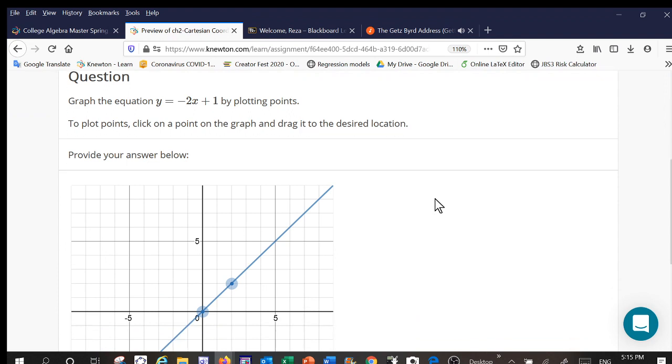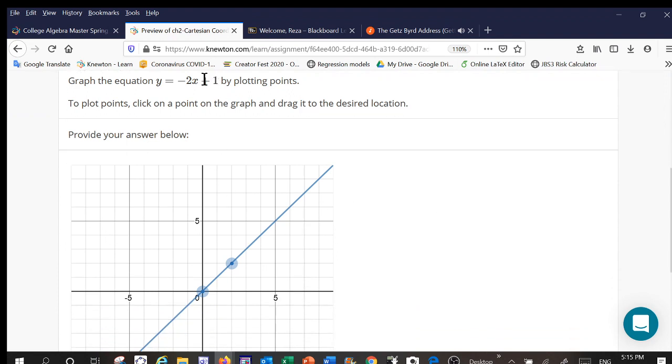Alright, to graph this again, let's do it again. So we have to go to 1 on the y-axis. Click on that so you can get the coordinates, 0, 1. That's the correct one on the line. Now we need one more. Again, the slope is negative 2 over 1. That means if I go right 1, I have to go down 2.